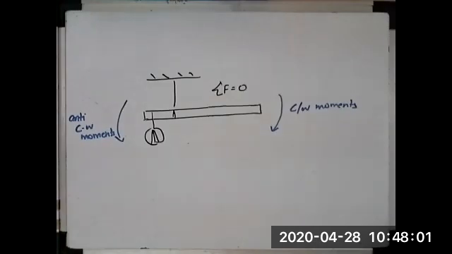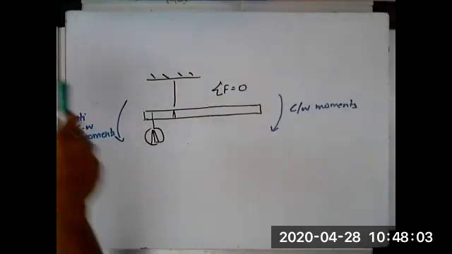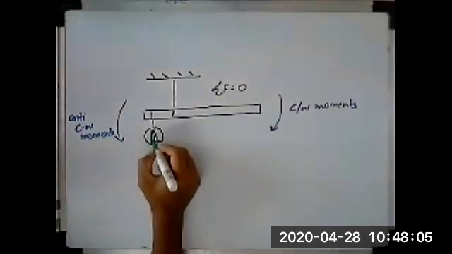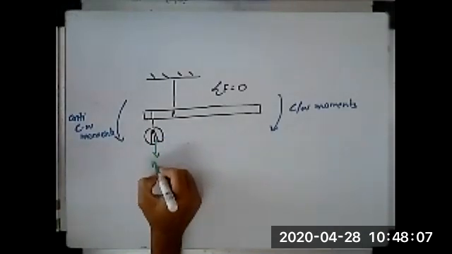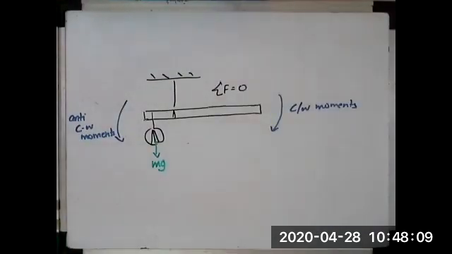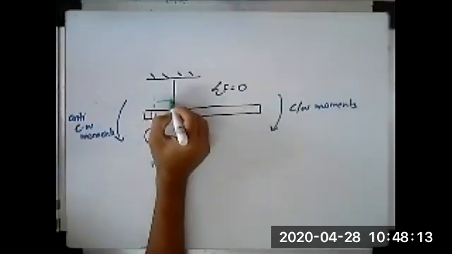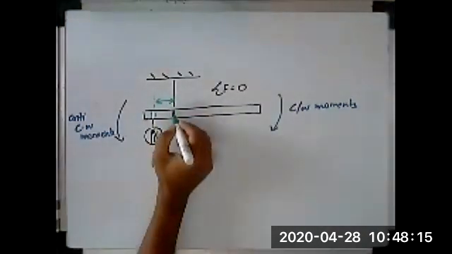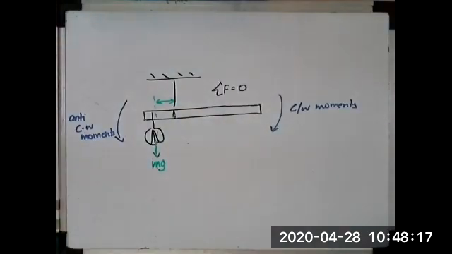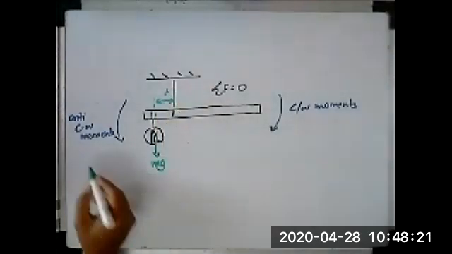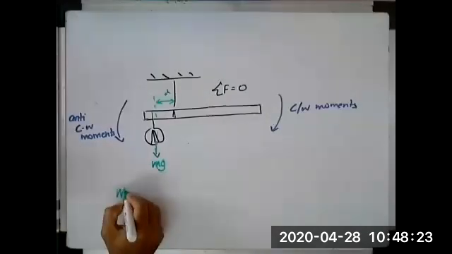Okay, and we can see the anti-clockwise moments are fairly straightforward. There will be this mg, right? And the distance between the line of action of the mg and the axis of rotation, which happens to be there, that shows the distance between the two. So the anticlockwise moments are straightforward enough.